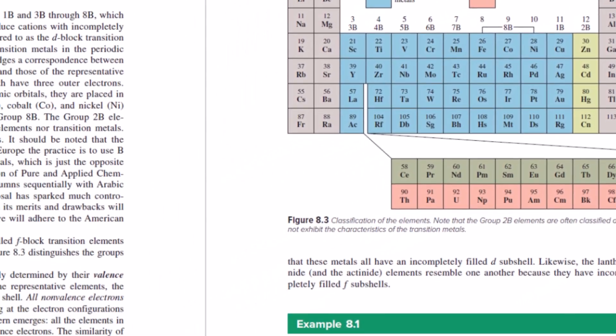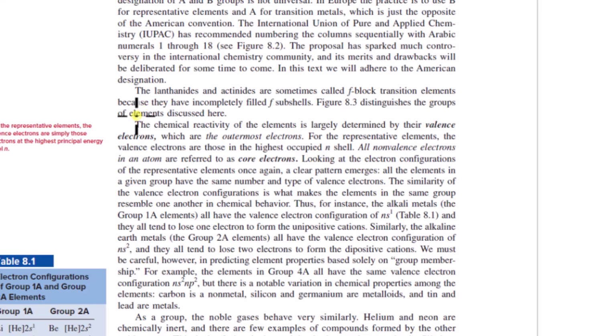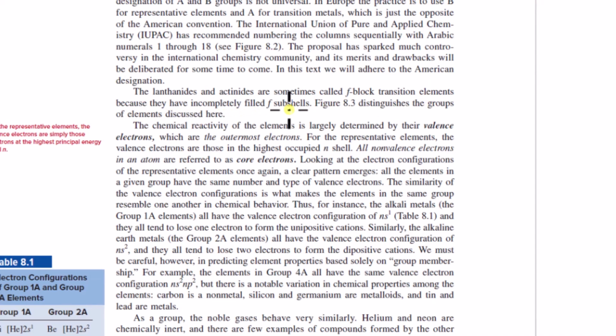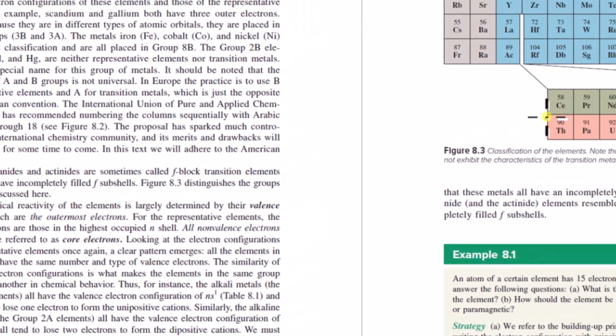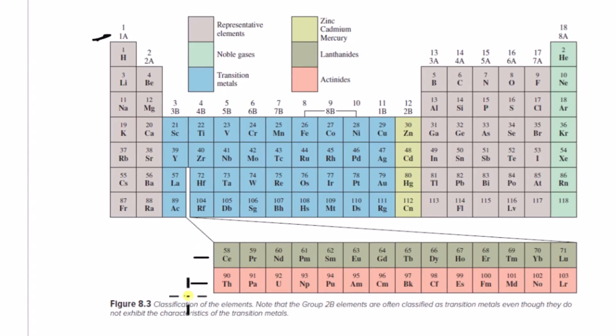The lanthanides and actinides are sometimes called f-block transition elements because they have incompletely filled f subshells. So, here's the lanthanides, here's the actinides. Just note that the transition metals are characterized by incompletely filled d subshells: 3d, 4d, 5d, whatever.